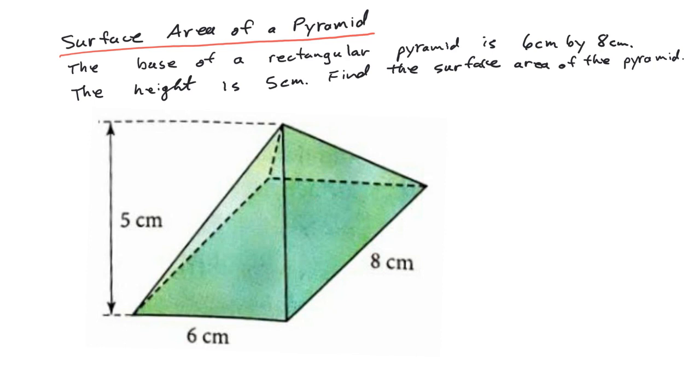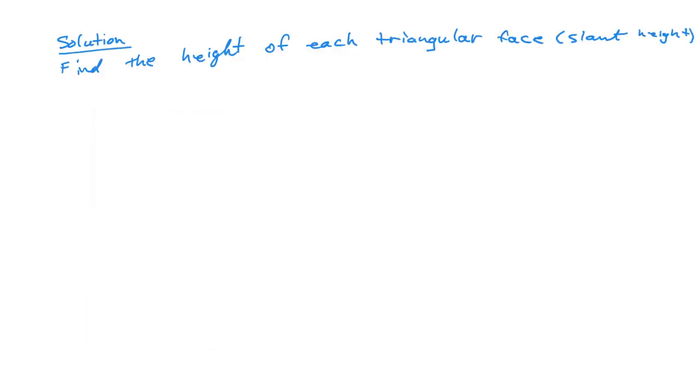So that's going to allow us to figure out what we need for our heights for this portion and this portion. So we only have to calculate two sets of triangles, and then we also know how to calculate the base of our pyramid.